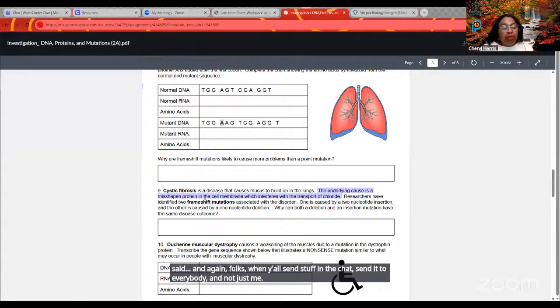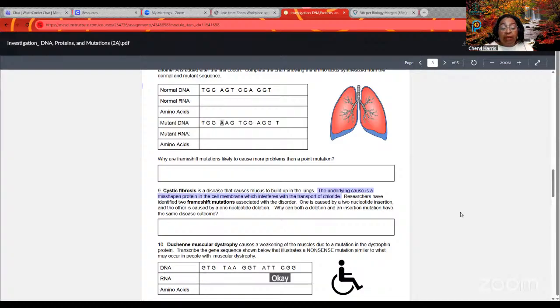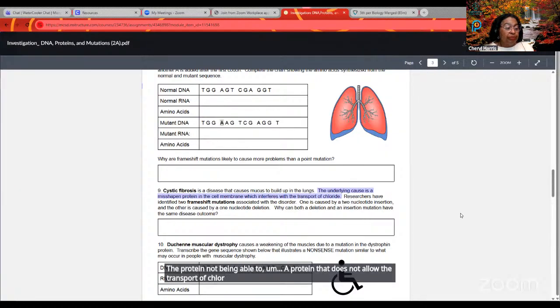He said they both mess up the chlorine transport. Okay. Both the deletion and the insertion still lead to a protein that does not allow the transport of chlorine.